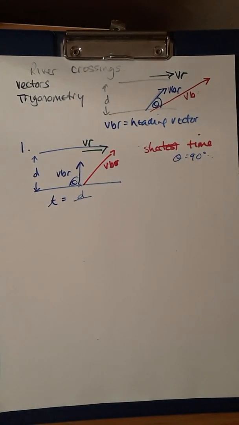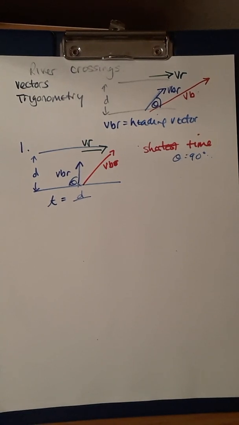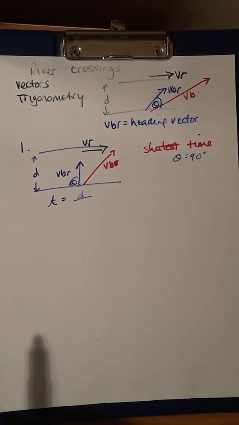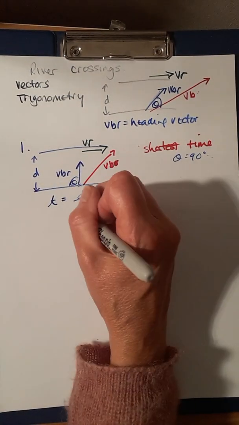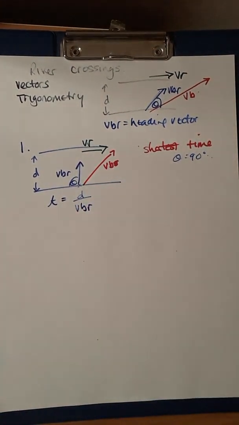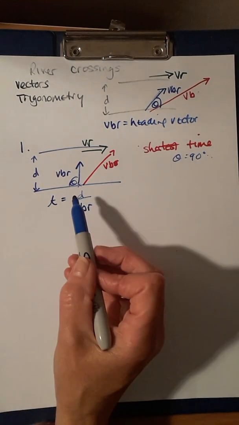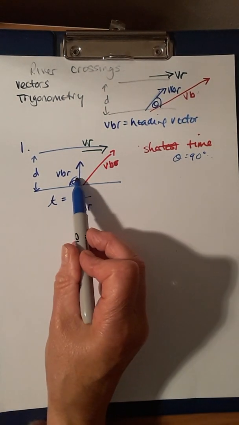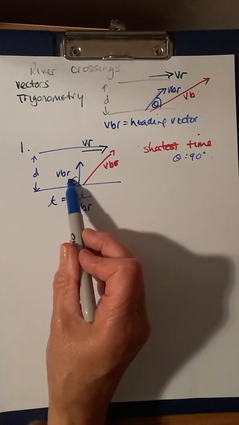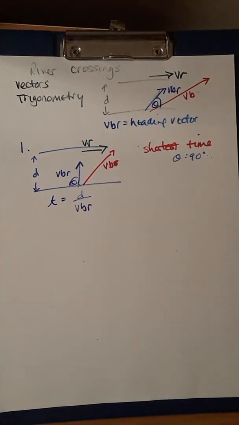So d over the speed, and the speed is the vector that takes you across the river, which is VBR. So the time to cross the river is d over VBR sine 90, and VBR sine 90 is just going to be VBR.